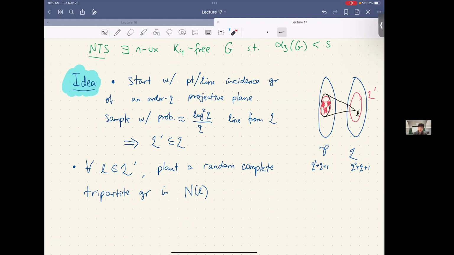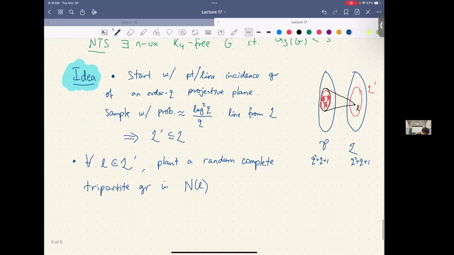After doing this, we can show that with positive probability we have the following property. Now we just look at this graph we get, let's call it H, let's again call it H star maybe.